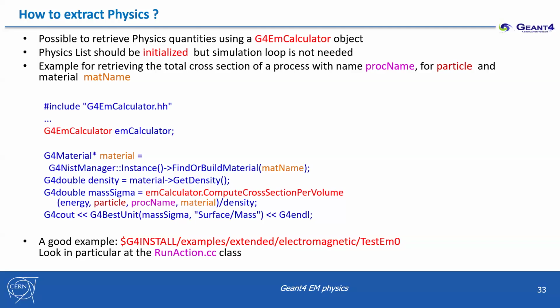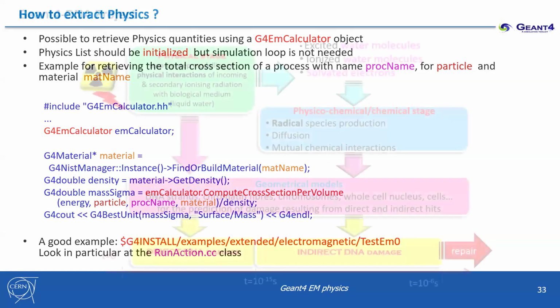You don't need to do a real simulation. You may apply one event simply to be sure that everything is working. And then you may study what the cross-sections are, what the dE/dx is. And here is one of the examples. You may have a look at the example extended electromagnetic TestEm0.